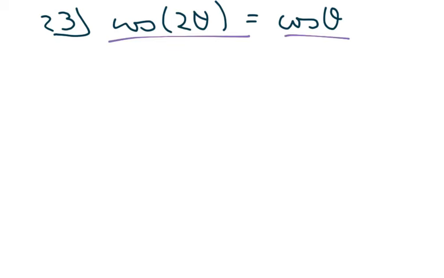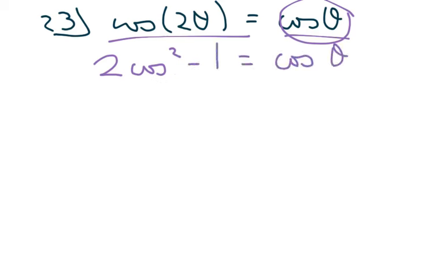So on 23, what I want to do is write this right here in terms of cosine, since we already have a cosine here. So I'm going to use my double angle identity and write this as 2 cosine squared minus 1 equals cosine of theta.